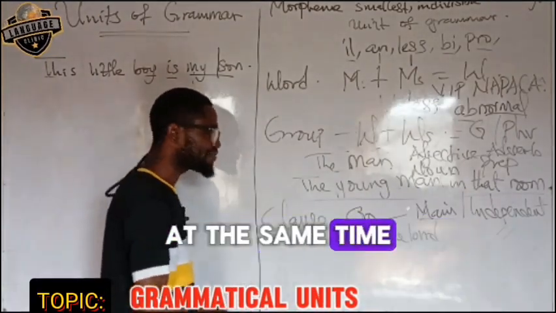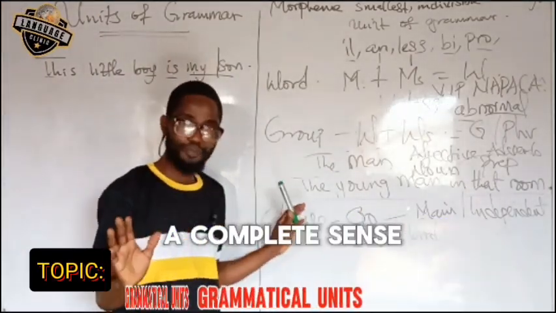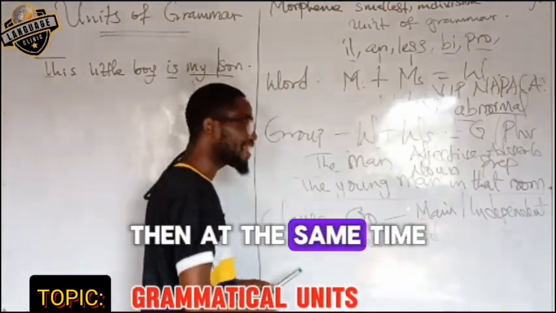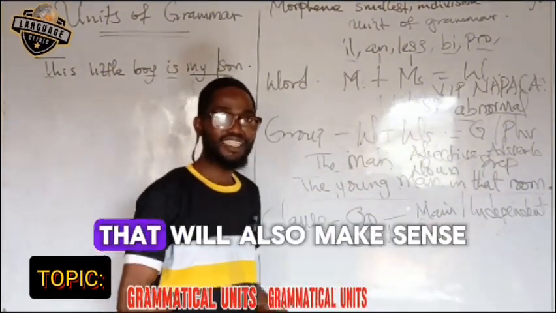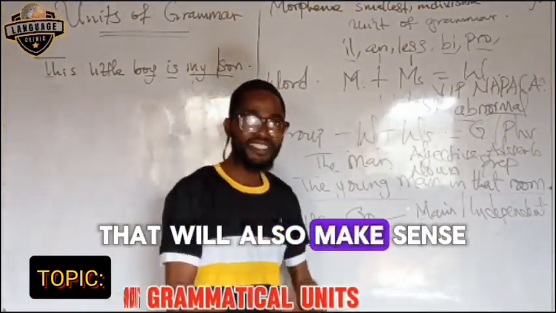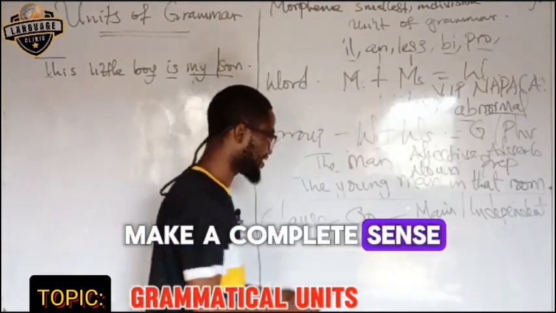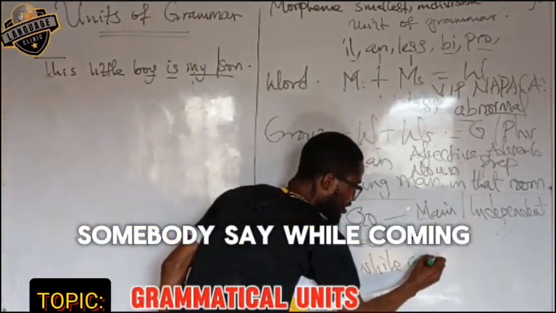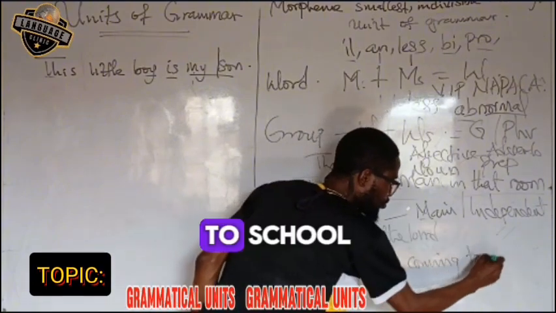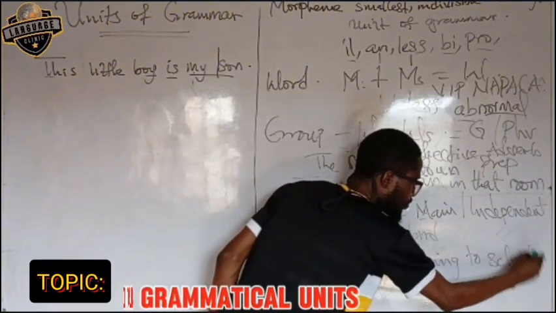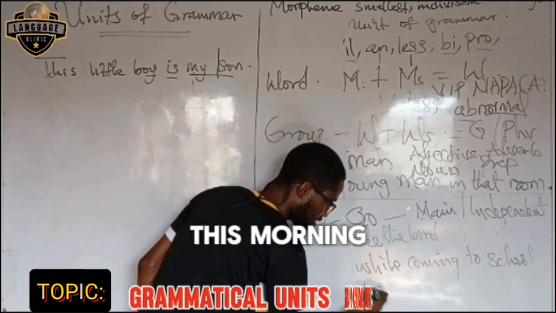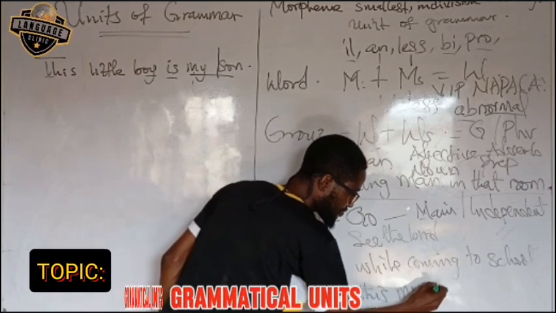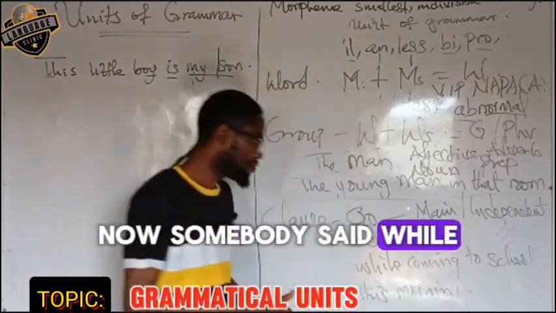At the same time, these ones make complete sense. Then I can have a clause that will also make sense, but it will not make complete sense. Somebody says, why coming to school this morning?